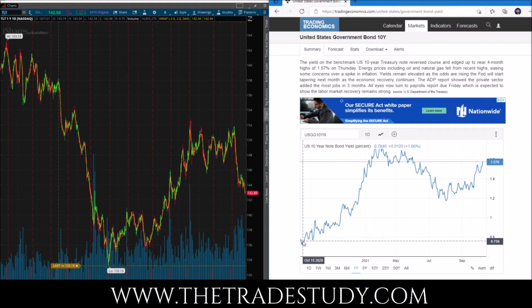A lot of new investors do get mixed up on, hey, if the yields are going up, why isn't TLT going up? Simply because it is the inverse, and they state that clearly in the ETF prospectus and all that good information. So you can clearly see it when looking at the left chart and the right chart. Left chart, we have TLT going up, down, volatility. These are daily candles zoomed out.